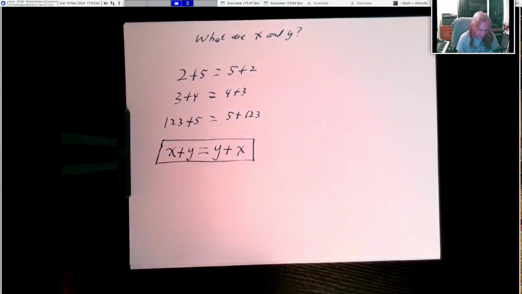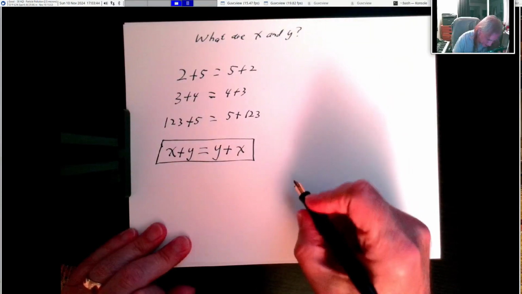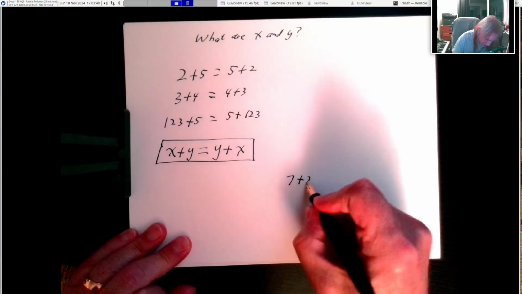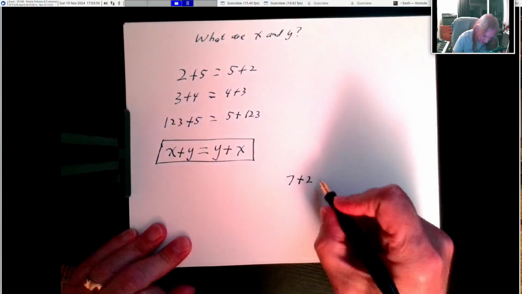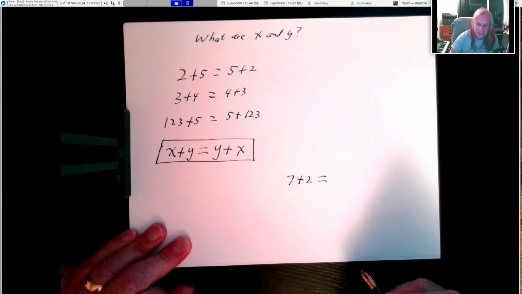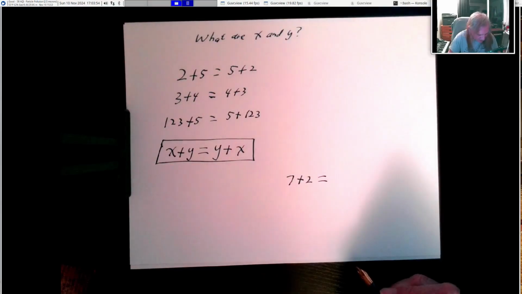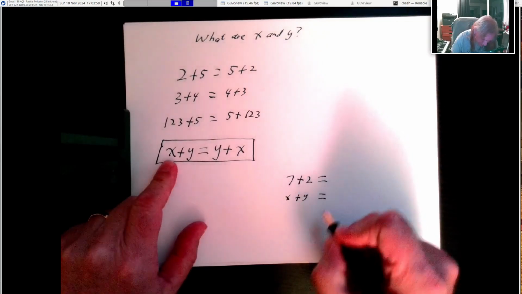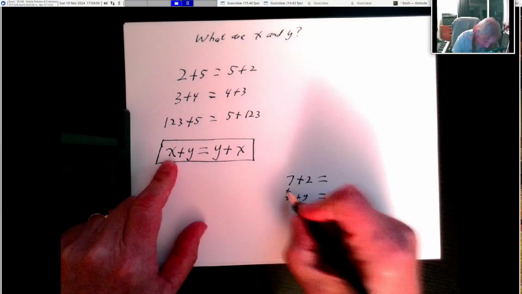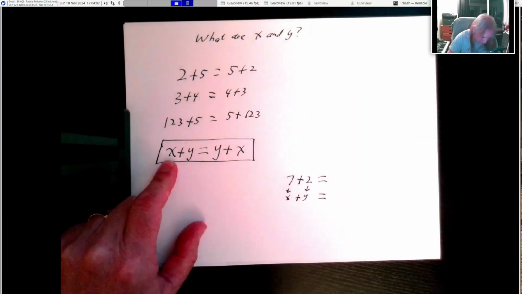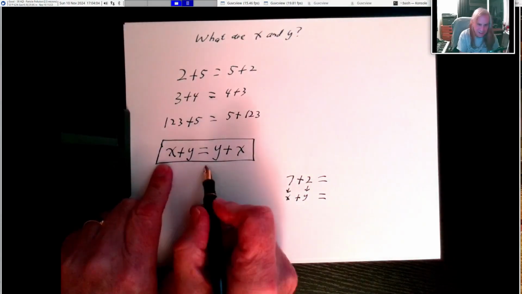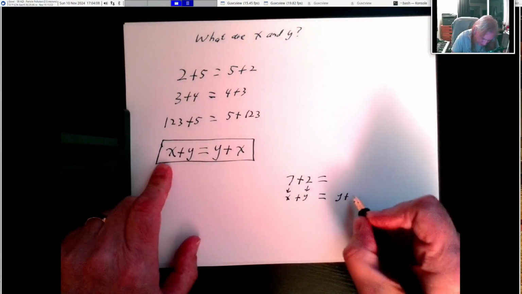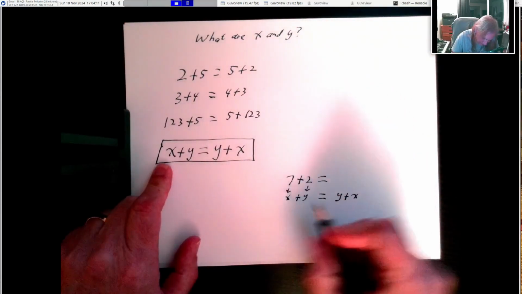And so if someone asks me to say something about, let's do 7 plus 2, and they want to know how can I write that as something else, well, I could say, this is x plus y, so x is 7 and y is 2, and my boxed-in formula here, my equation, tells me x plus y equals y plus x.